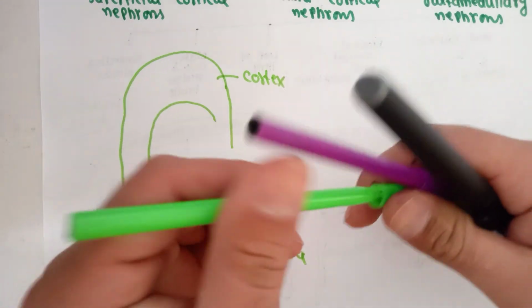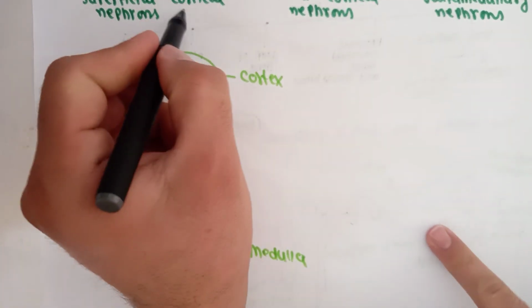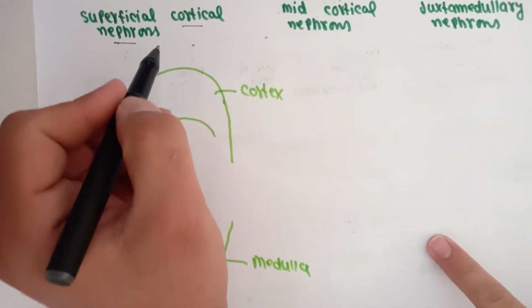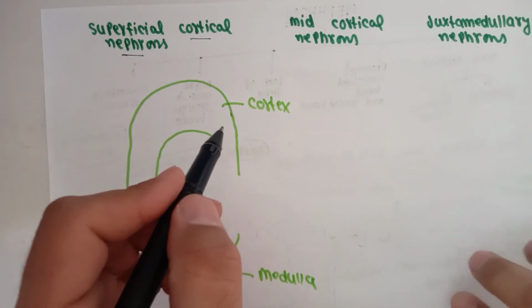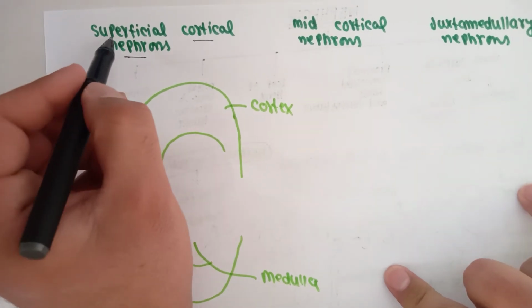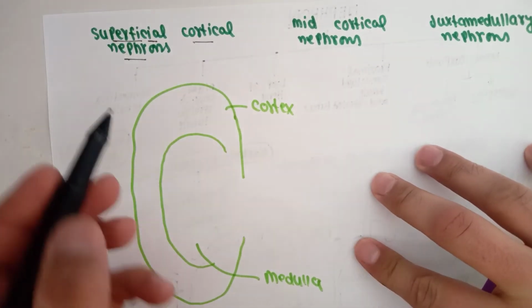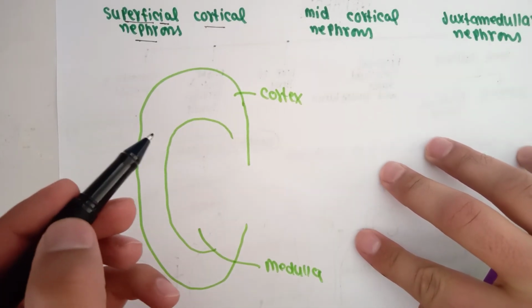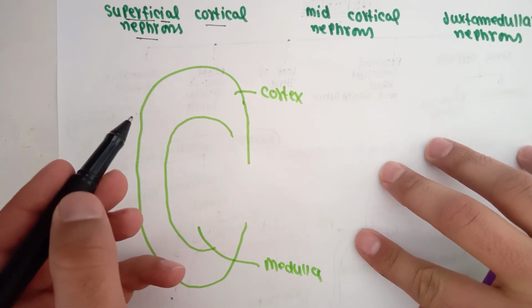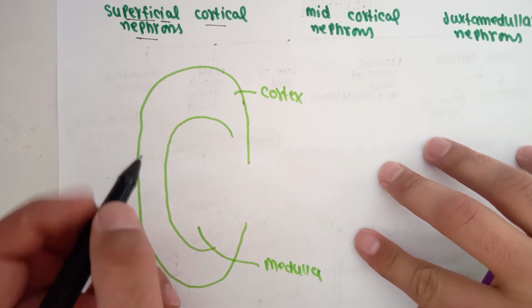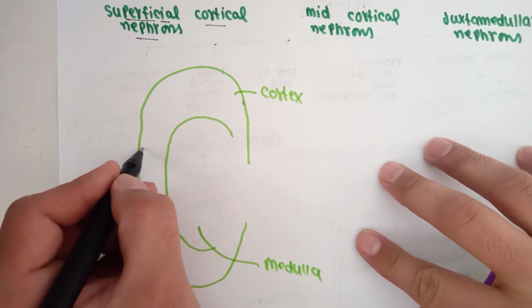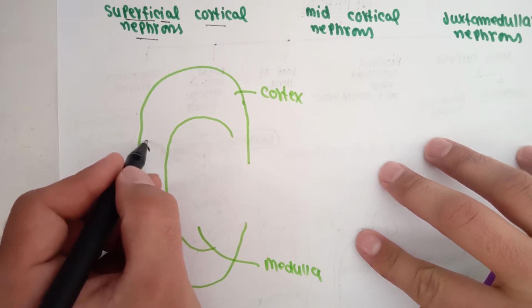First of all, you should know that these are the cortical nephrons. Cortical nephron means that their renal corpuscle is present in the cortical region. But another name is superficial. Superficial means very high, so their renal corpuscles are present very high in the renal cortex. I am drawing the renal corpuscle of these nephrons.